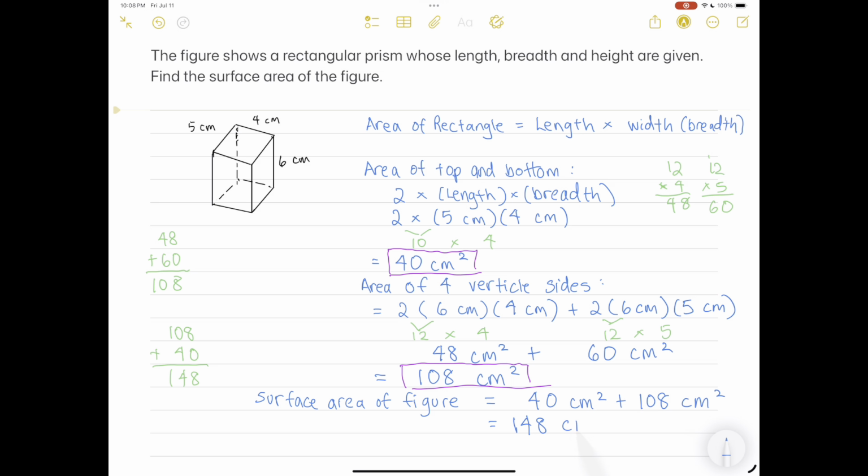So I write that on the line below, 148 centimeters square would be the total surface area of the figure, and I box my answer. Please make note that when you're multiplying units of measurements, you must also multiply the units. However, when you are adding units of measurements, you simply need to add the numbers and keep the same unit of measurement.